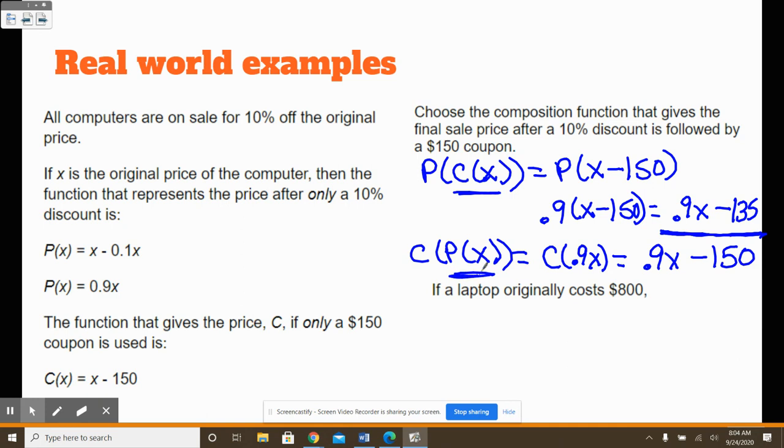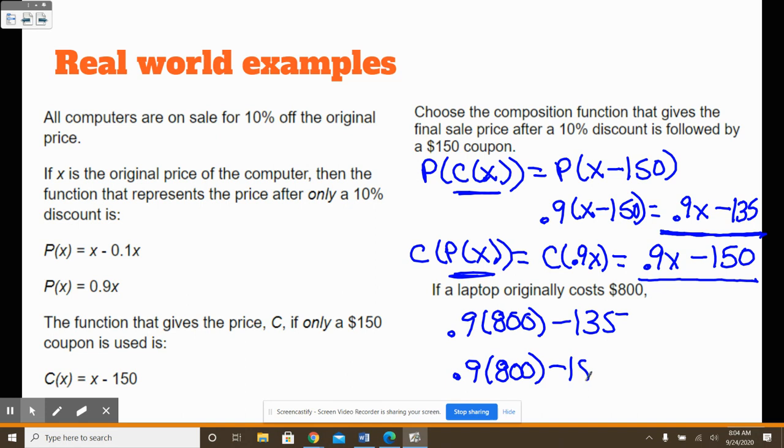If the percent happens first, you would plug it into this. If the laptop costs $800, let's see what we will get here. 0.9 times 800 minus 135. 0.9 times 800 minus 150. This guy is $585.